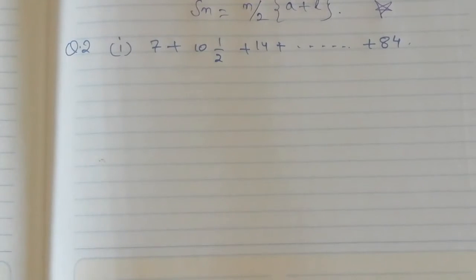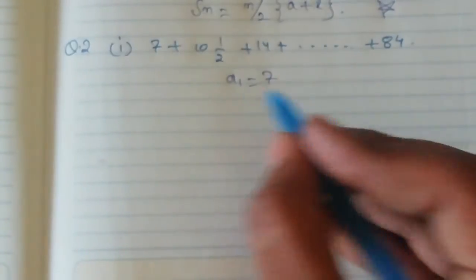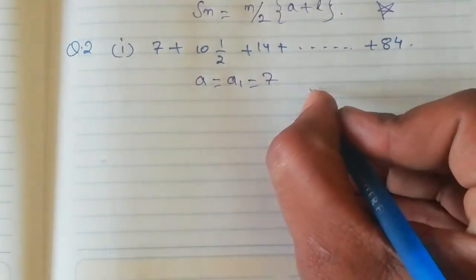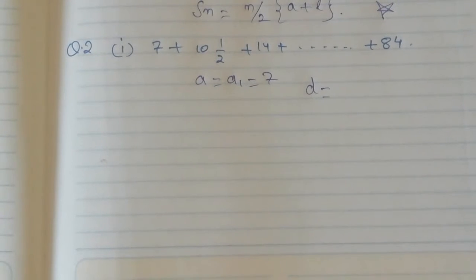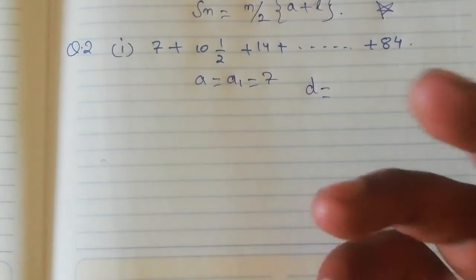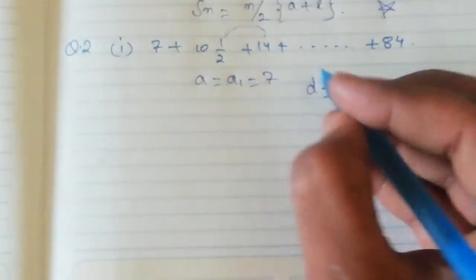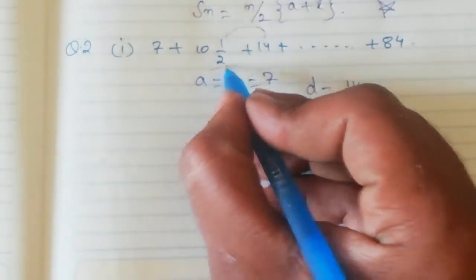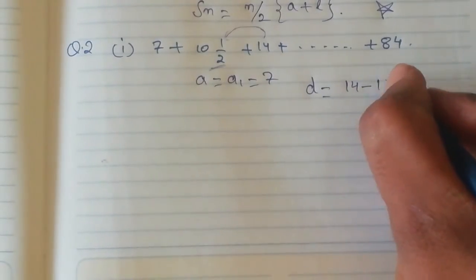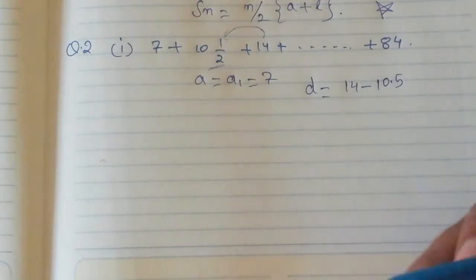This is our question. In this question the first term is given as 7. This first term we can simply write as a or a1. How can we find the common difference? The common difference is common between every two terms. We subtract the second term from the third term, that is 14 minus 10 and a half, which can be written as 10.5, or directly in fraction as 21 by 2.